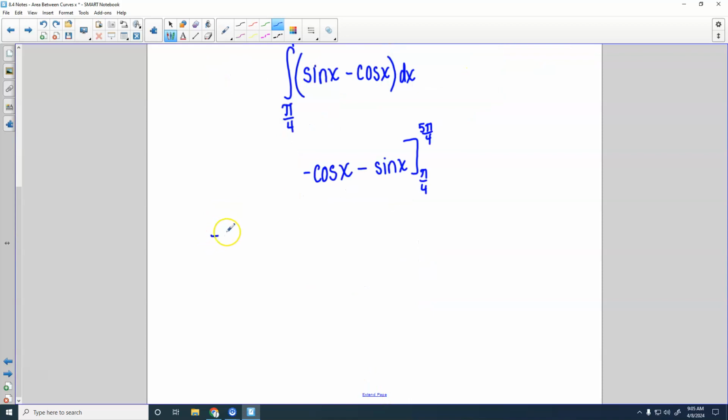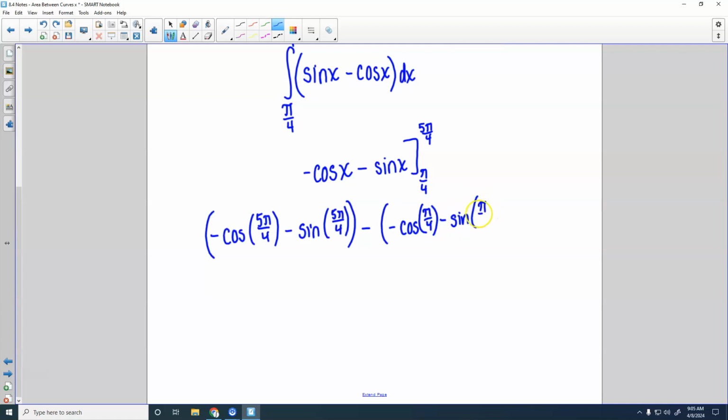So we will have negative cosine of 5 pi over 4 minus sine of 5 pi over 4 minus negative cosine of pi over 4 minus sine of pi over 4.